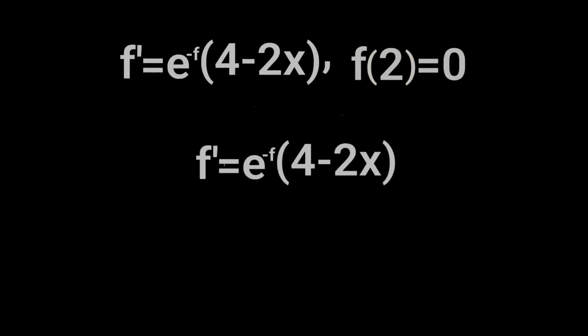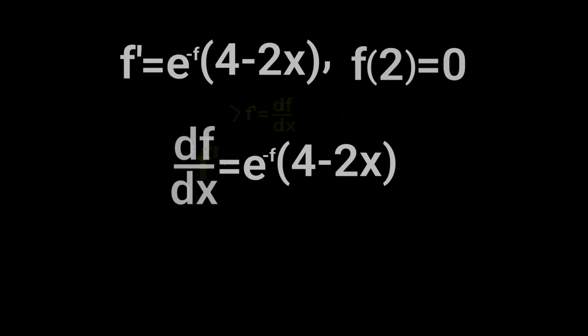I'm going to take the differential equation, f prime equals e to the negative f times 4 minus 2x. F prime means we are taking the derivative of f with respect to x. So that gives us df/dx equals e to the negative f times 4 minus 2x.